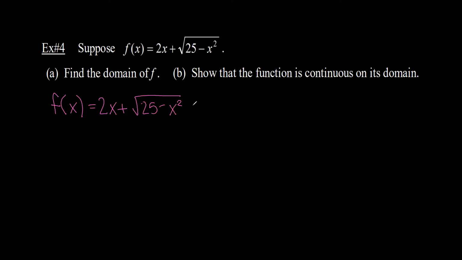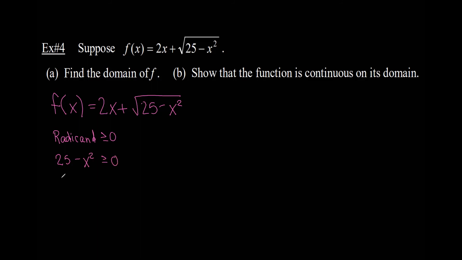Remember, for even-powered radical functions, like a square root, the inside, called the radicand, must be greater than or equal to 0. So that means that 25 minus x squared must be greater than or equal to 0.